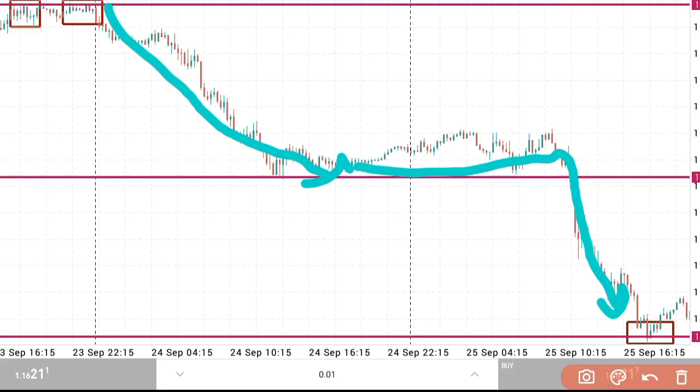So now this particular place serves as a resistance, and the one that is going down will become our new support. So when price breaks a previous support or resistance, it turns into another pattern for us to trade, another technique for us to understand the market and get profit.